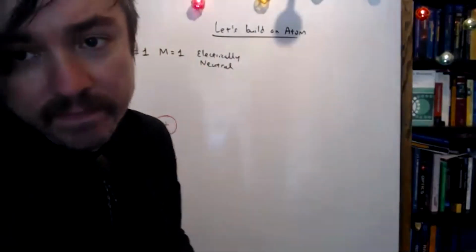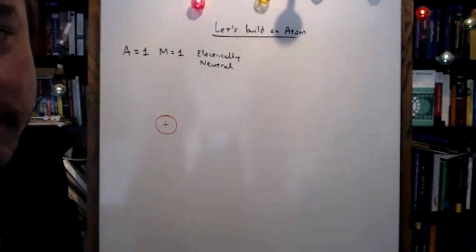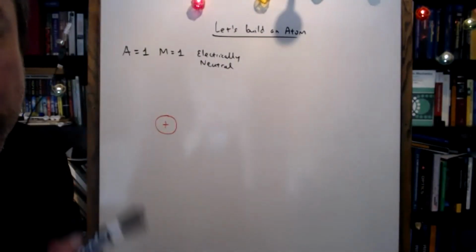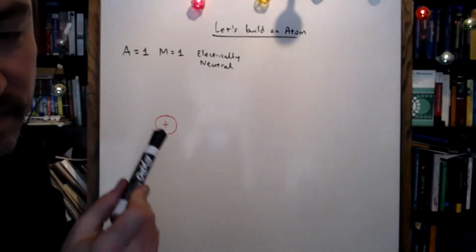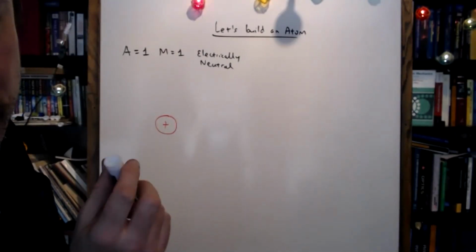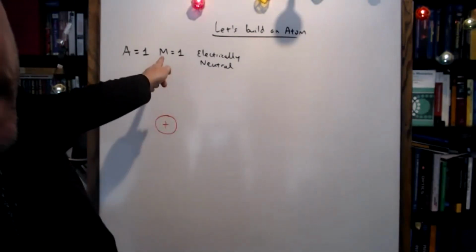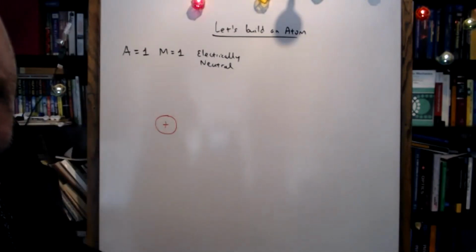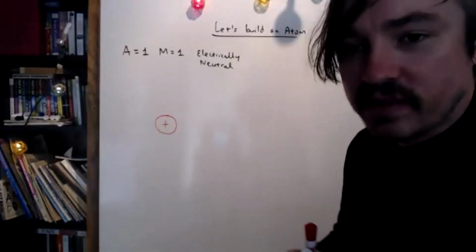Did I trick you? How many neutrons? Is there even any way to tell how many neutrons there are? Yes. If I specify the atomic number and the mass number, you should know the number of neutrons. You've got to think through this, though.